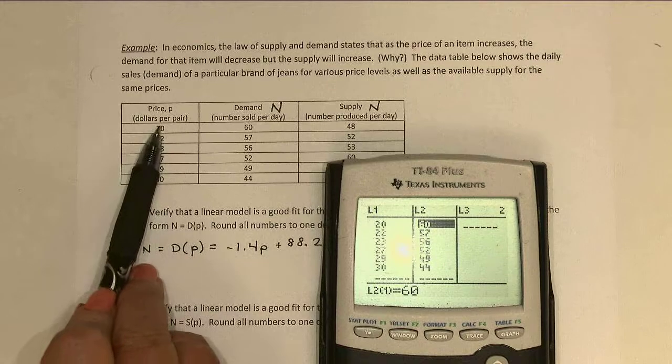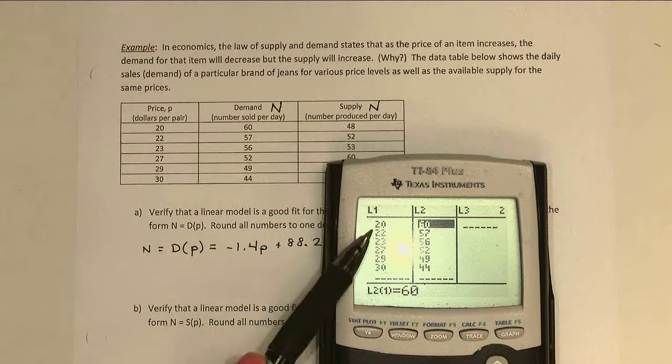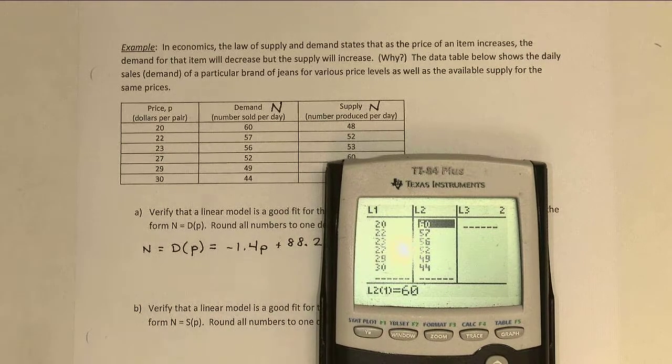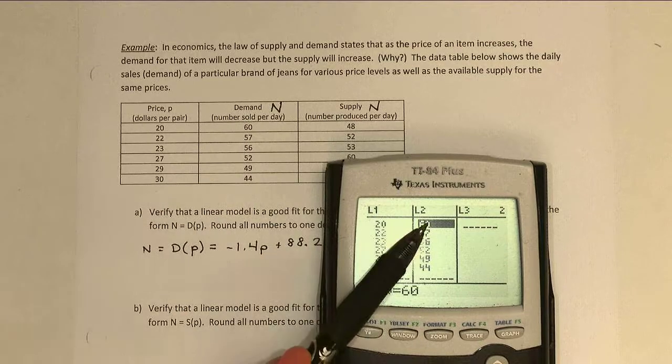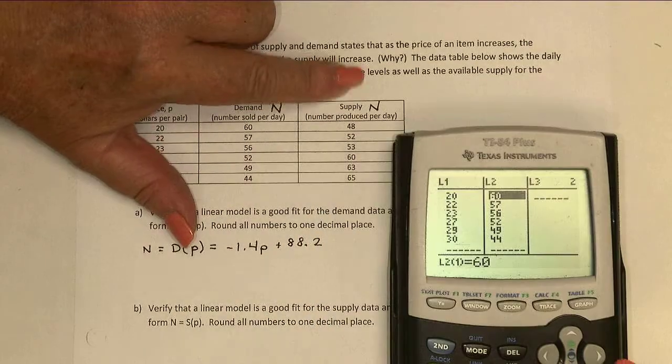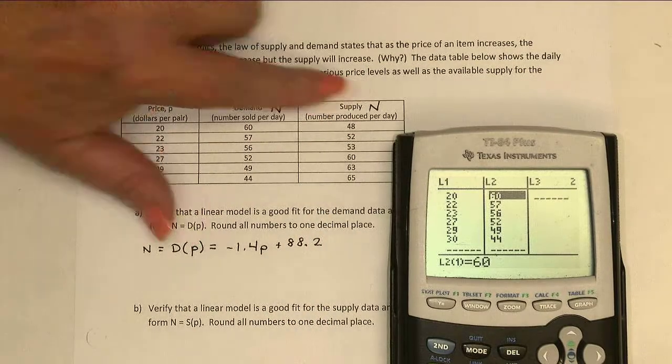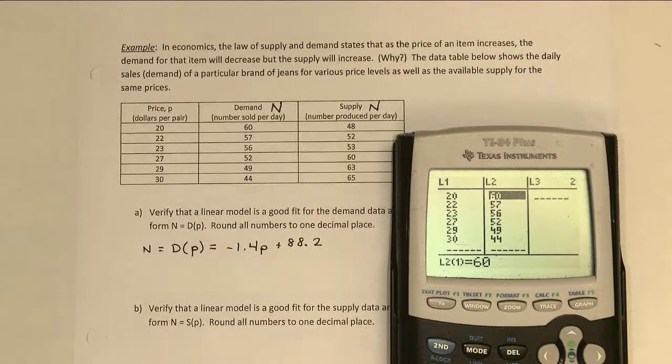First of all, the prices remain the same, so I don't need to change my first column here at all. I can change my second column to reflect this new supply data instead of the demand data that I had in before, or I can put the supply data in my third column. It kind of depends on whether or not I think I'm going to need this data again. Just for a little practice, let's use the third column.